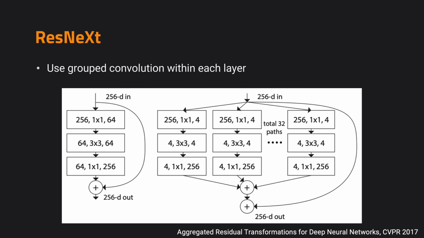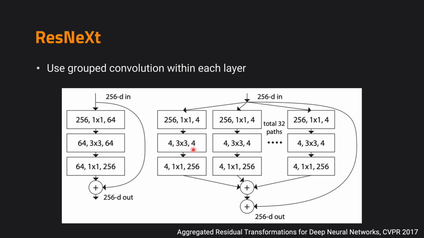Another technique people have tried is to divide the convolution within each layer into multiple groups. So the idea here is that different groups may be able to learn independent representations, and when we put them together, they may become stronger. And also at the beginning of the input, we can do dimension reduction so that the computation for each symmetric convolution won't blow up.